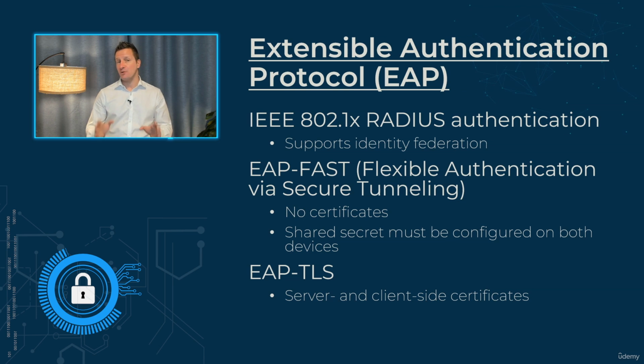This means that both the server that we are connecting to, the authentication server, and the client, they both have to have PKI certificates, and both devices must trust each other's certificates. That is a little bit more secure. It's harder to forge than simply trying to figure out a username and password or trying to crack a pre-shared key.